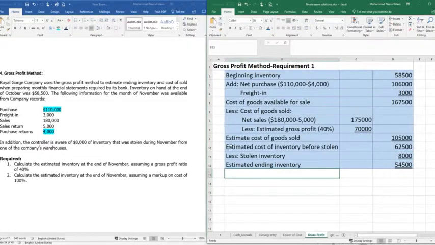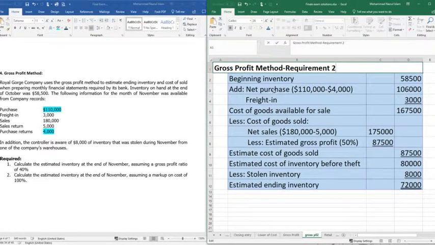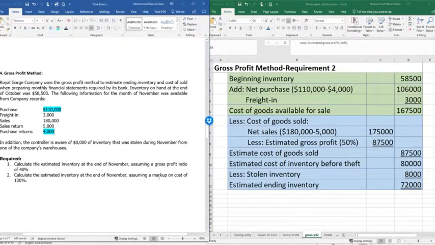Okay, and let's see the second one, requirement number 2. Up to this point it is the same as before, and here we have the estimated gross profit. Just this one is different, the 50%, as they are assuming a markup on cost of 100%.